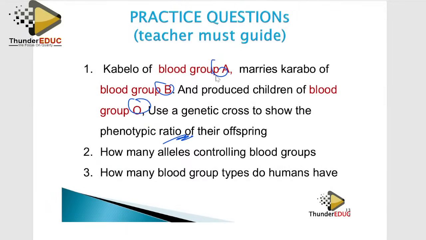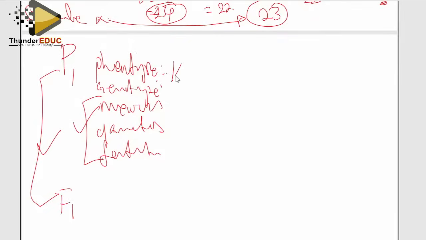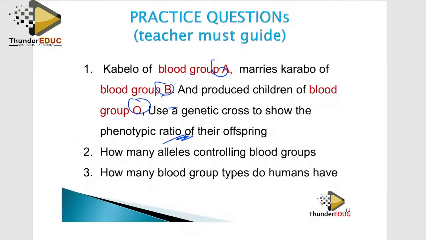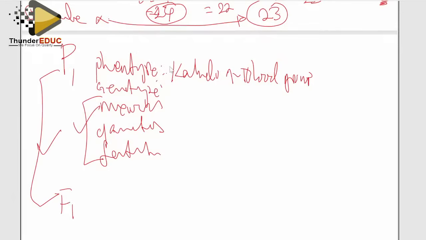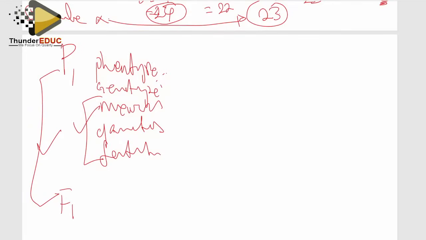A man of blood group A marries a woman of blood group B. You see, guys? So you tell us that the man is of blood group A. But in this question, they say that you have a man of blood group A marries a woman of blood group B. So it means that it's going to be a man of blood group A, according to the question now.